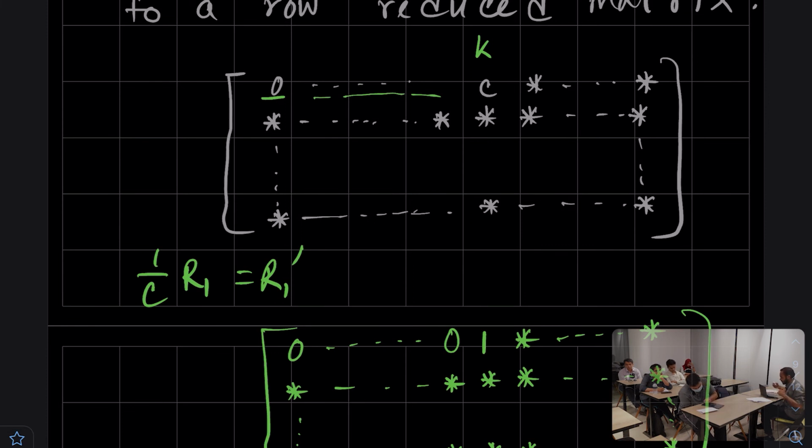So I have to take the multiplicative inverse of c, and I can multiply it with the row R1, right? And this will give me what? This c will be just this one, right? And why does the multiplicative inverse exist? Because c belongs to F. c is an element of the field, and in the definition of the field, for every non-zero element in a field, there exists a unique multiplicative inverse of that element, right?